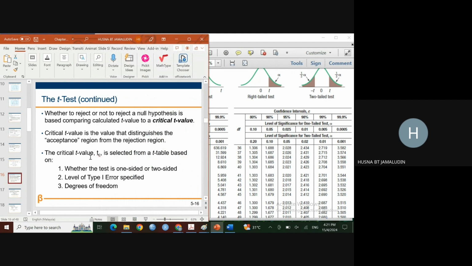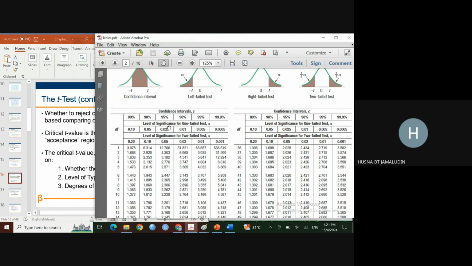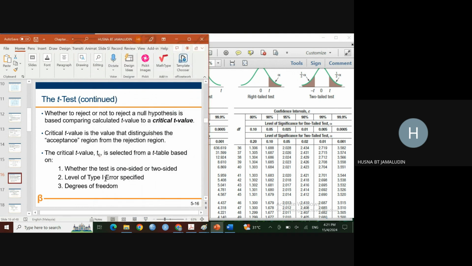Okay. So whether the test is one-sided or two-sided, of course. If you look here, level of significance for one-sided means one-tail test, two-sided is two-tail test. If you confuse these two, you will get the wrong answer. They are different. The level of type one error is specified, normally they will inform you.